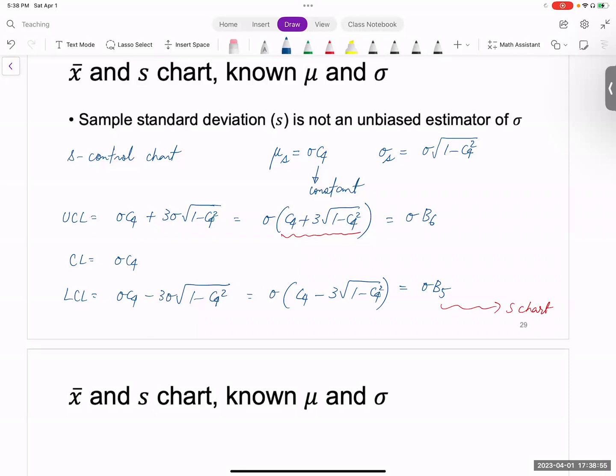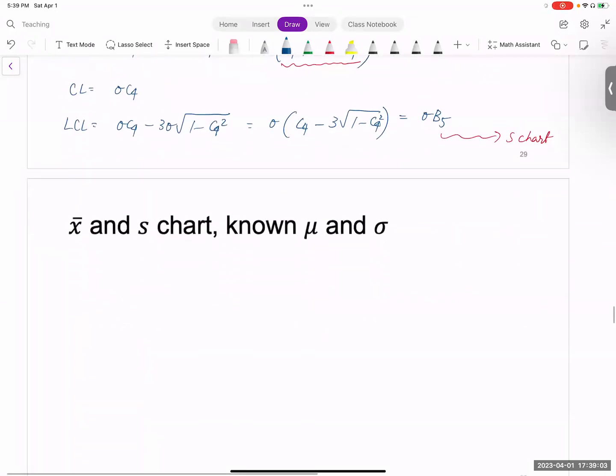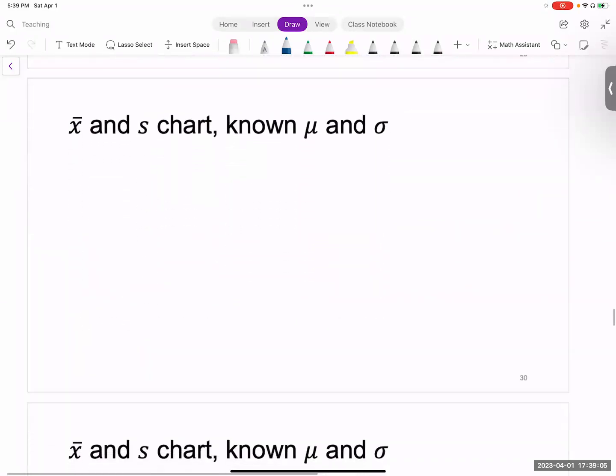Right, and now again, just like what we previously did, if sigma and mu are unknown, we have to estimate them from data. And so we'll do the same thing one more time here. We will compute them from the data. So your data looks something like this. Again, you have samples, and your samples go from 1 up to m.